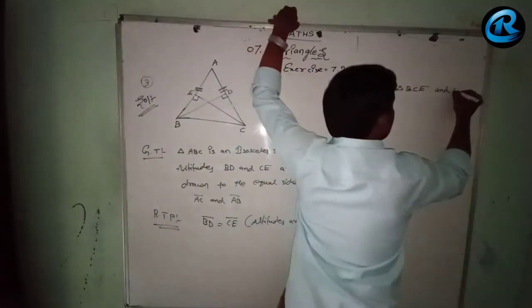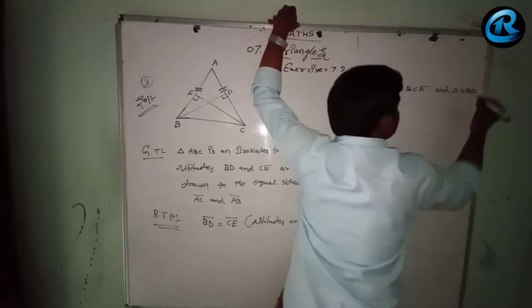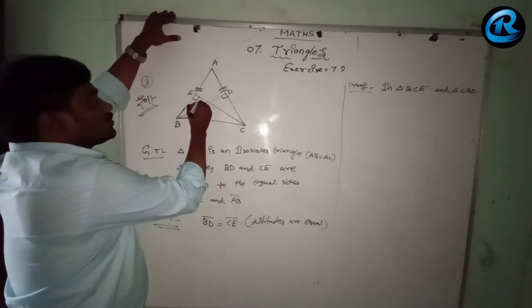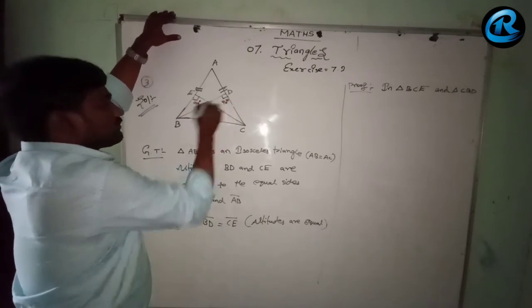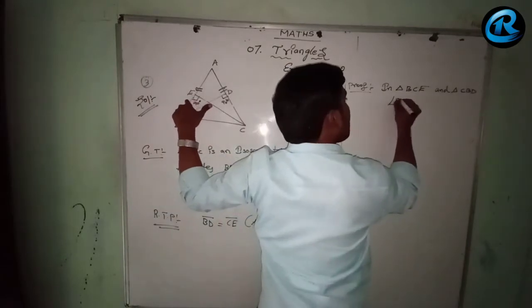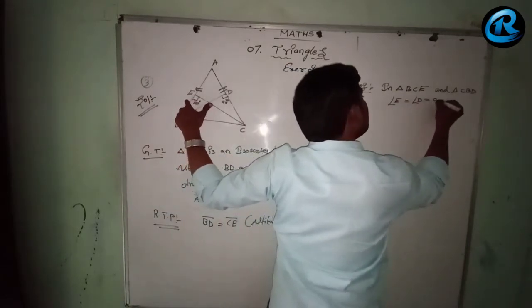In these two triangles now, you observe that these two are 90 degrees. Okay. Now angle D equal to 90 degrees.